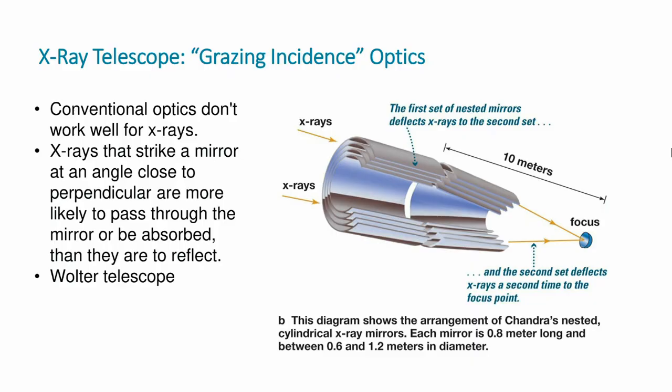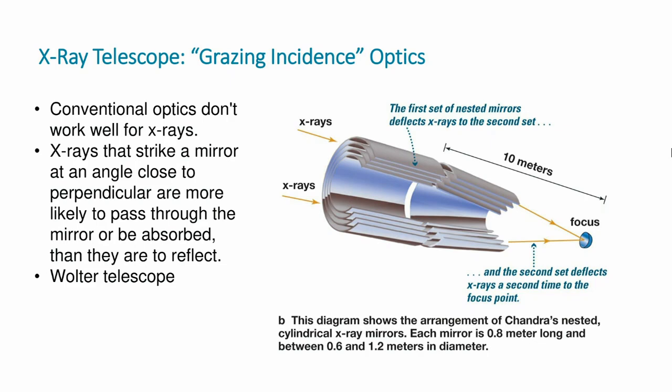The X-ray isn't hitting at a 90-degree angle, it's hitting at a much shallower angle, thus allowing the X-ray to not pass through our mirror, but instead get deflected by small angles and then eventually focused on our X-ray detector.